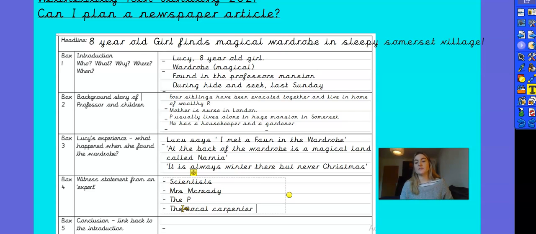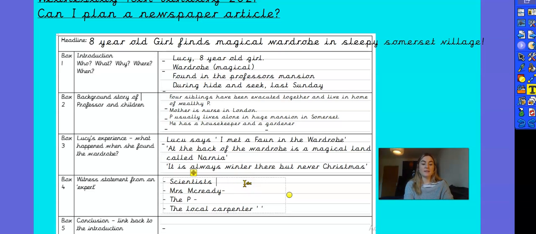So a carpenter is someone that makes things out of wood. So you might get the local carpenter coming along to have a little look and check out this wooden wardrobe to see if it's like any wardrobe he's experienced before. Okay, so maybe you could use some punctuation there as well, so they might comment on it.